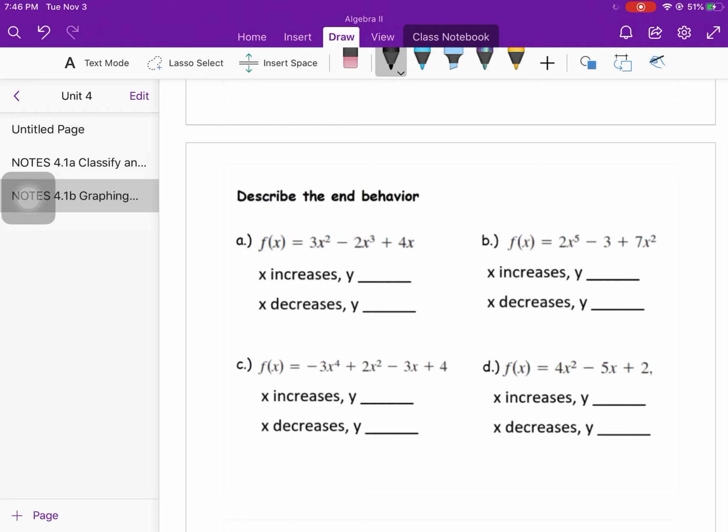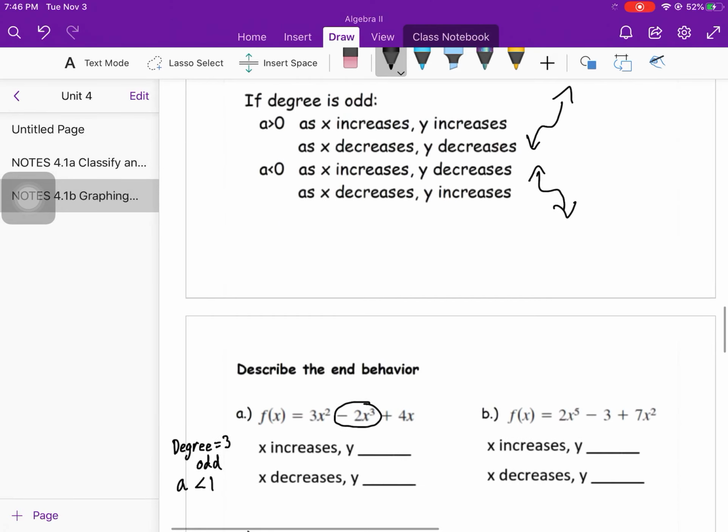So let's go ahead and practice some of this. Describe the end behavior. We have 3x squared minus 2x cubed plus 4x. We have to decide what the highest degree is. This is our highest degree term, x to the 3rd, and that's an odd number. So the degree, I'm going to write this off to the side, equals 3.